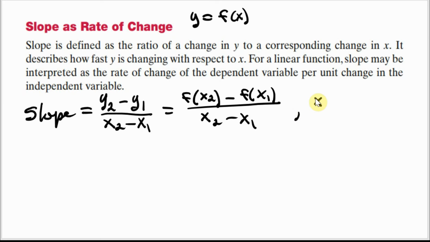And with any slope, we want to make sure that x sub 1 is not the same as x sub 2. So you remember that this was ideally the difference quotient that we talked about.